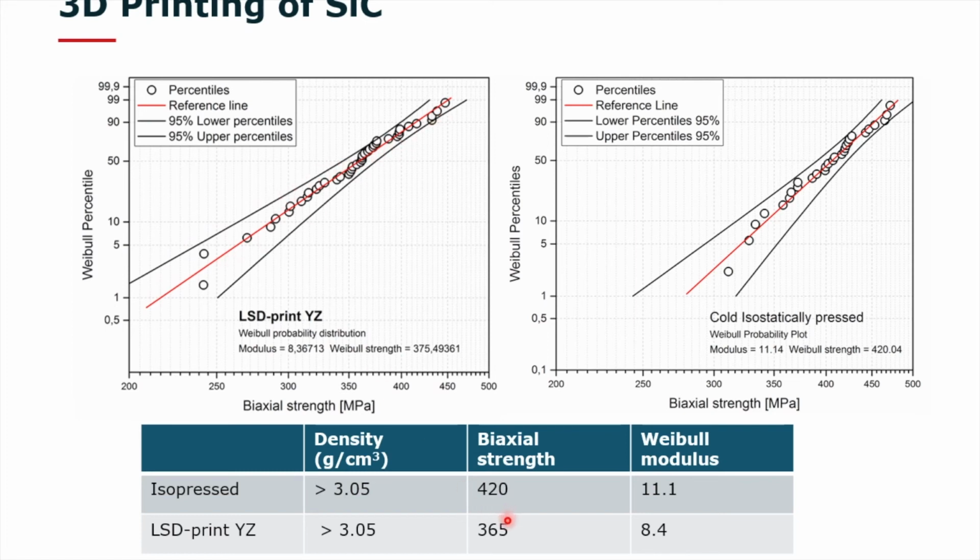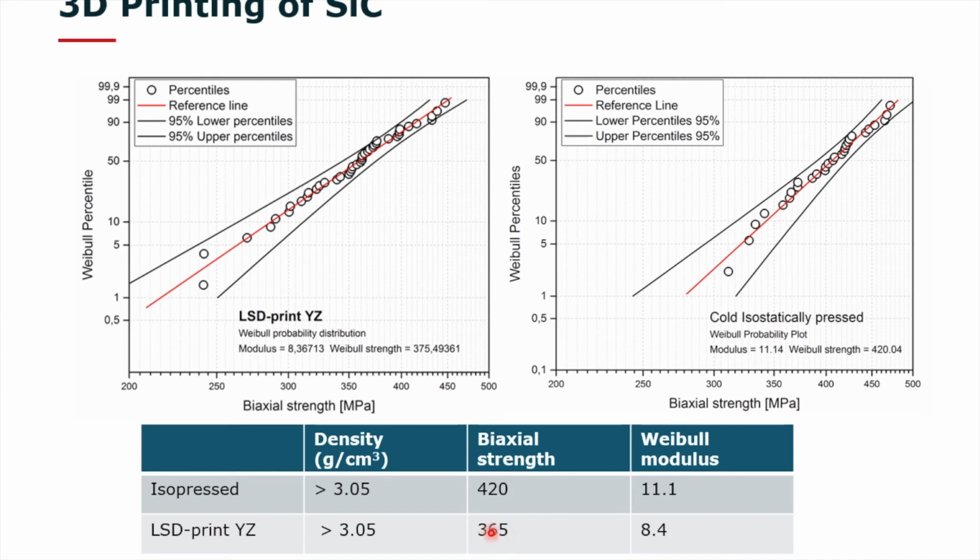The average strength of the LSD printed parts is still inferior to the industrial manufactured ones. Mostly that's due to the fact that the density of the green body is even higher in the LSD print process, and there was a problem with the infiltration of silicon. Nonetheless, this is not an optimized result, that's a kind of first shot.